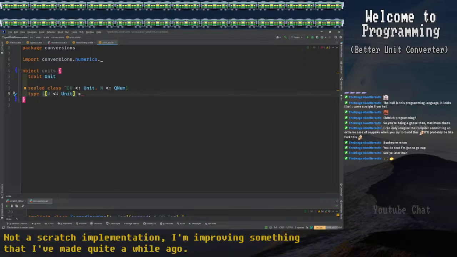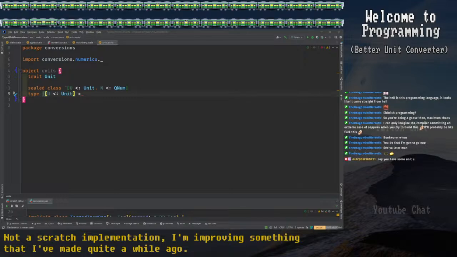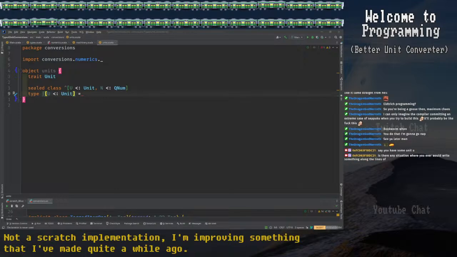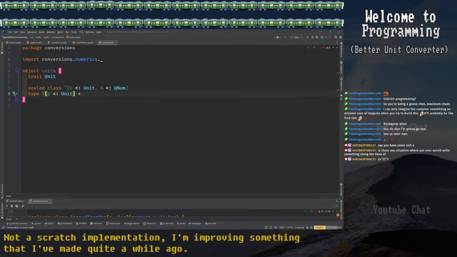I wish there was somebody here to ask. Would there be a situation where you would ever write a unit? Say you have some unit U. Is there any situation where you ever would write something along the lines of U squared to the cube, like U squared cubed?